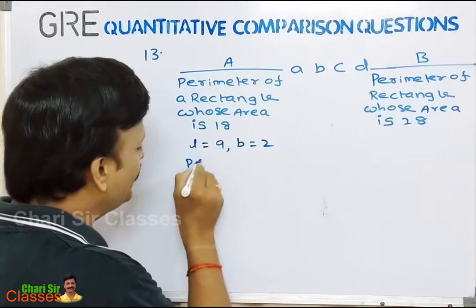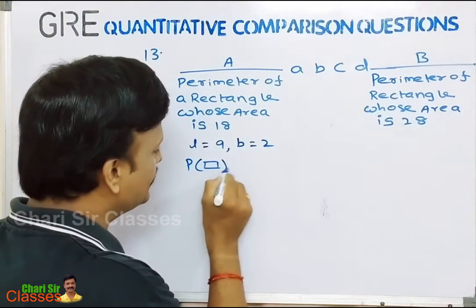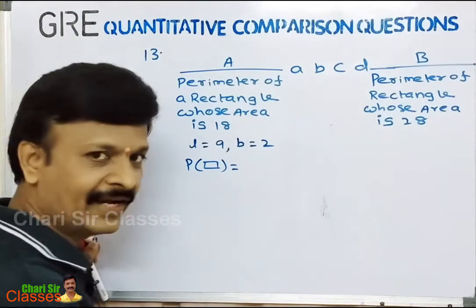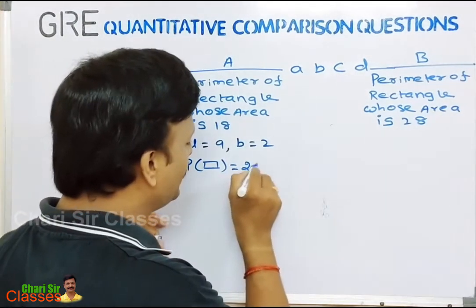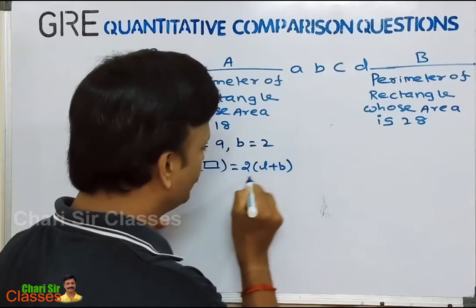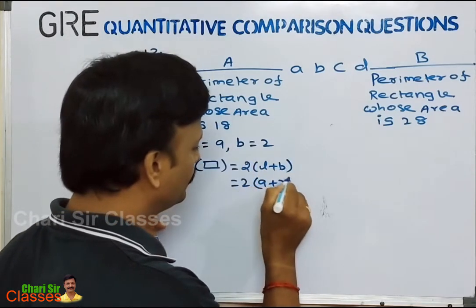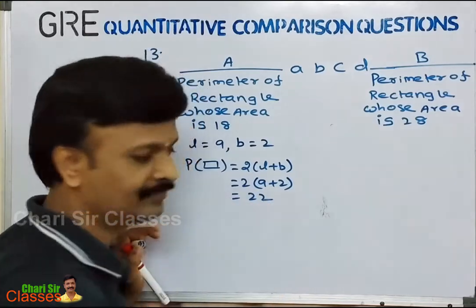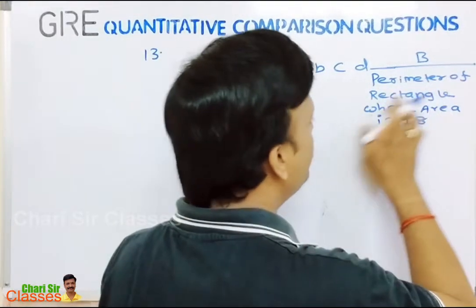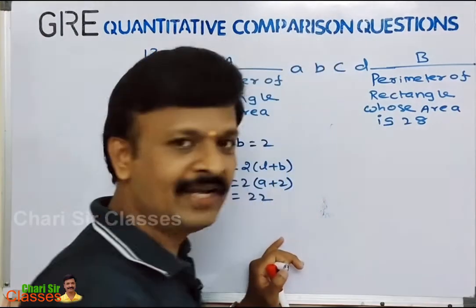Now perimeter of this rectangle for these measurements is 2 into L plus B, that is 2 into 9 plus 2, that is 22. Now perimeter of rectangle whose area is 28.